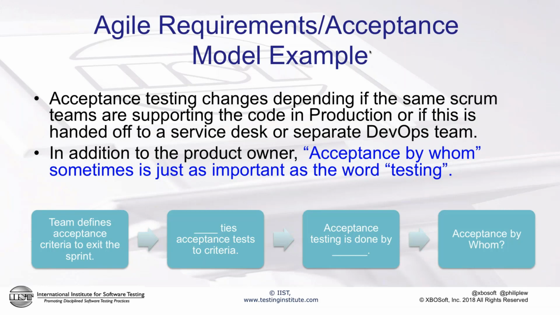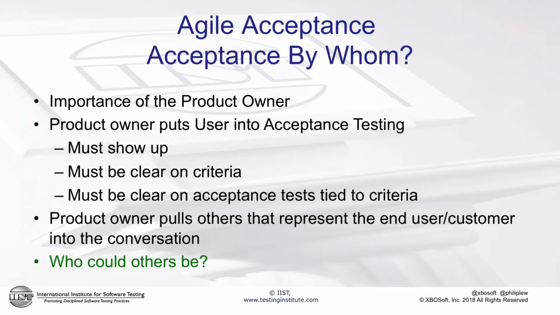A lot of times we do a demo and retro at the end of the iteration, and the product owner is not as involved as we'd like them to be. And so this brings up, who's doing the accepting? In teams that I've worked on, a lot of times the product owner is not as involved as they should be.